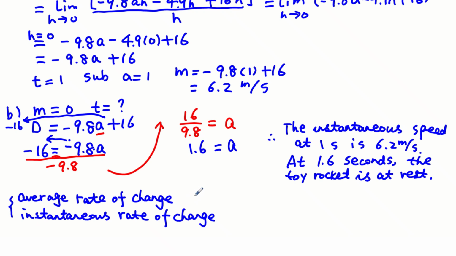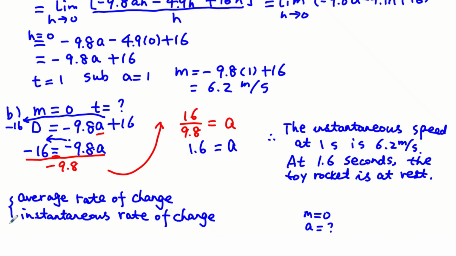Average rate of change is just the slope of 2 points, and instantaneous rate of change is a limiting value, that is, as h approaches 0, f at a plus h minus f at a, all over h. And if the instantaneous rate of change is given, then you set up the equation and solve for the a value by solving the linear equation.